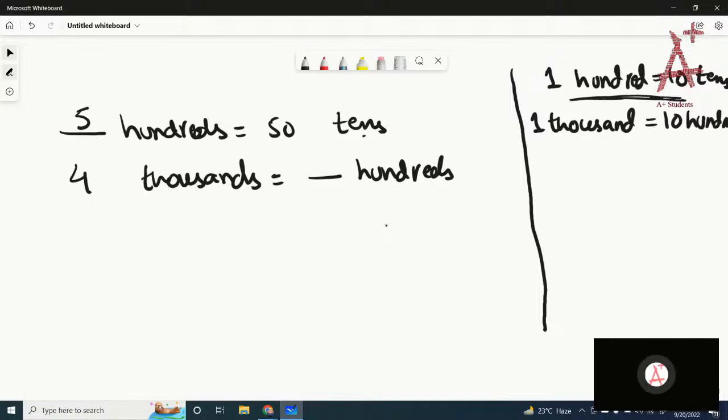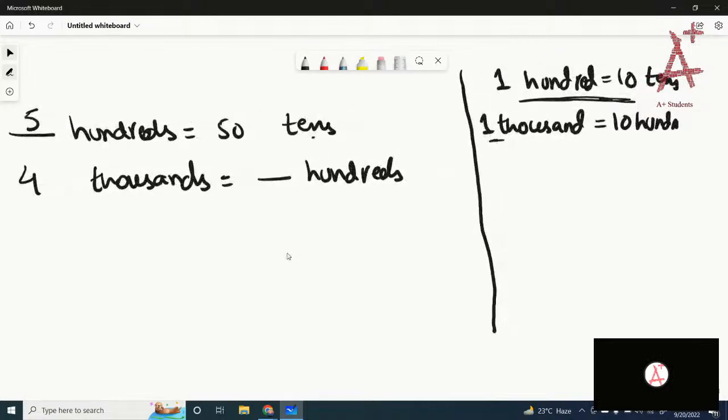So when you have 4,000s, then how many hundreds do you have? That means you have 40 hundreds. You can use these basic things to do these questions. Got it? You are given three options. Select the correct option and click on the OK button.